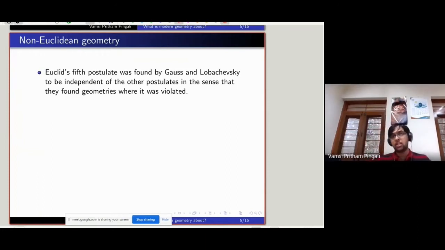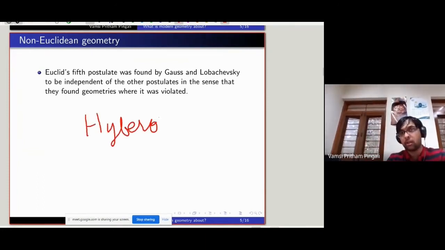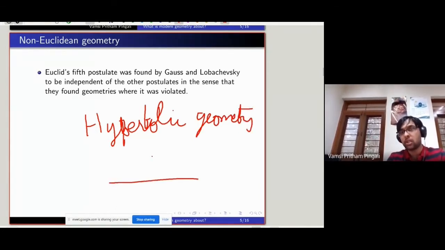This geometry was called hyperbolic geometry. Recall, Euclid's fifth postulate was that through every point there's a unique straight line that is parallel.